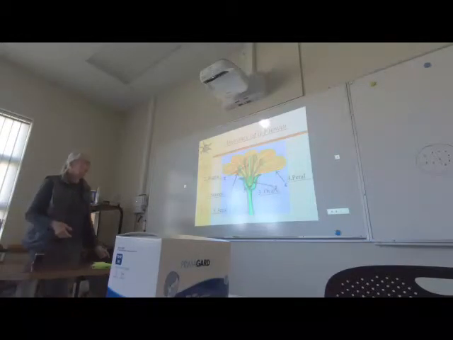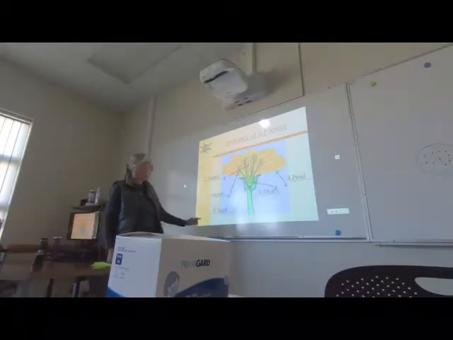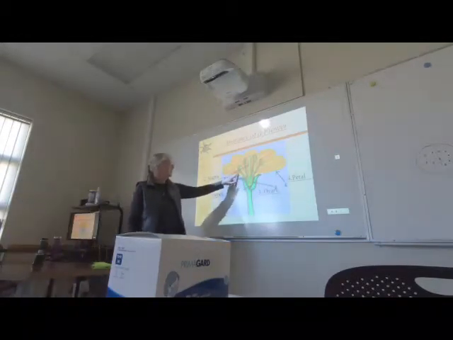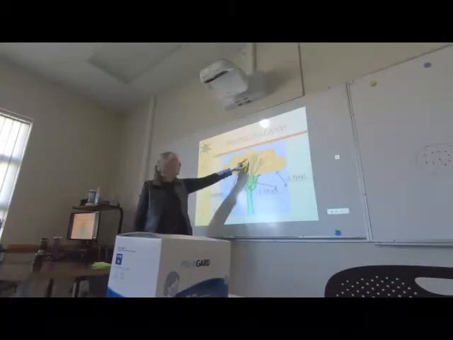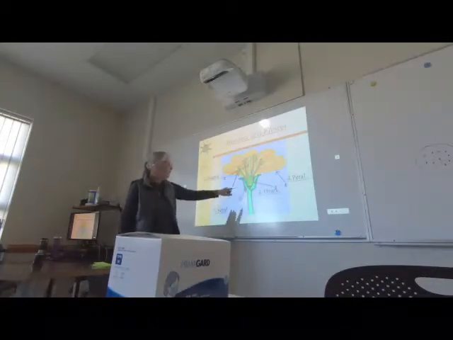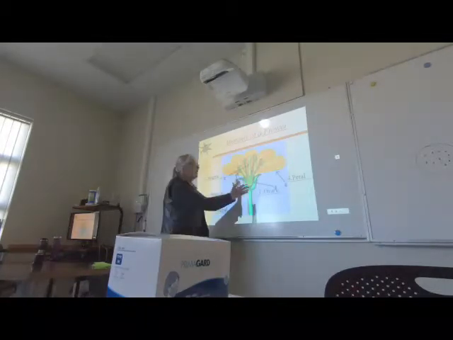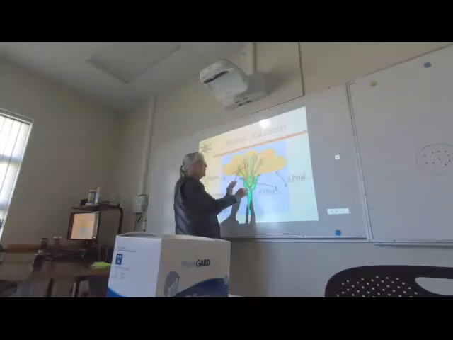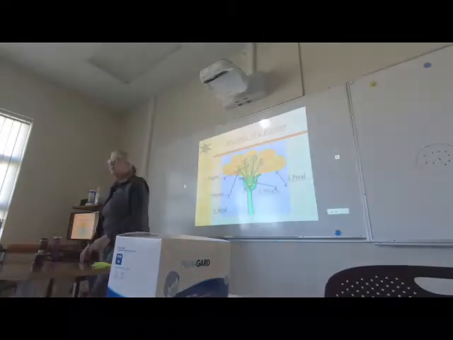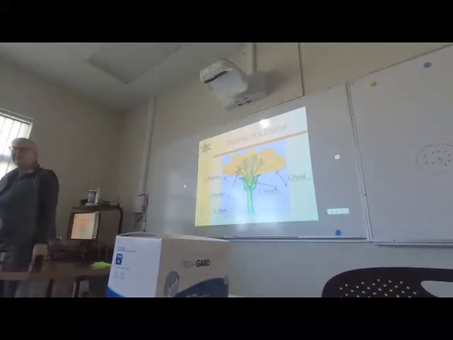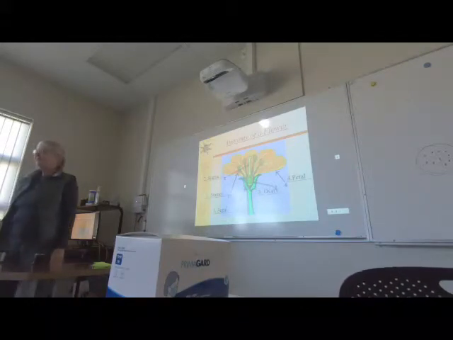So, a quick review of the anatomy of a flower again. The stamen is the male part, the stigma is the female part, and the ovary is the bottom of the female part, which protects the seed. The sepal wraps around the petals and holds them. And the petals, what do you think the petals are there for? Are they there for our enjoyment?